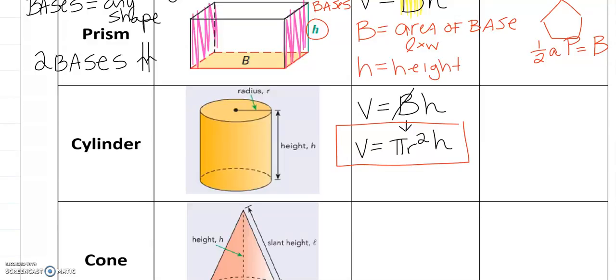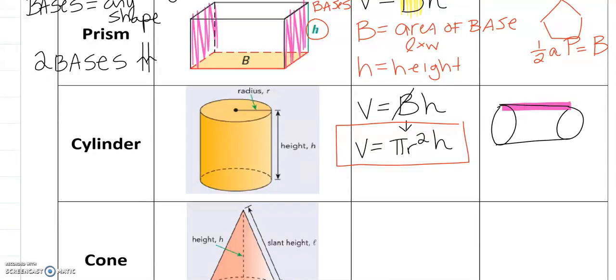Now this is a good example for when I can bring in this concept of height being a little weird. Imagine I have a cylinder that's on its side. So here's my two bases, and my cylinder's connecting them. Now your height would be what connects your two bases. In this case, your height is not standing straight up. This would be your height.